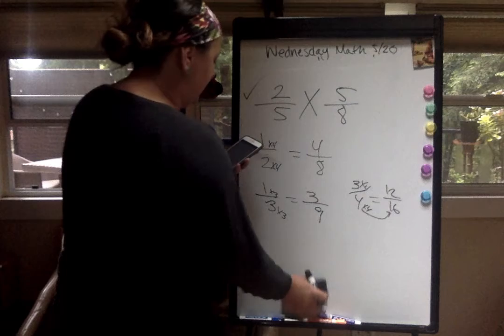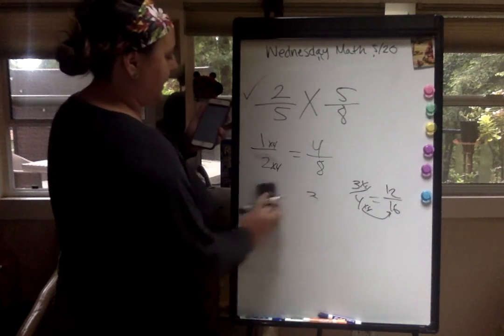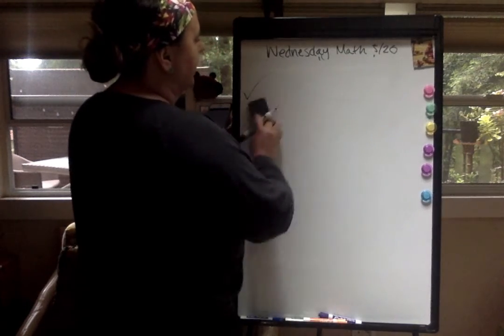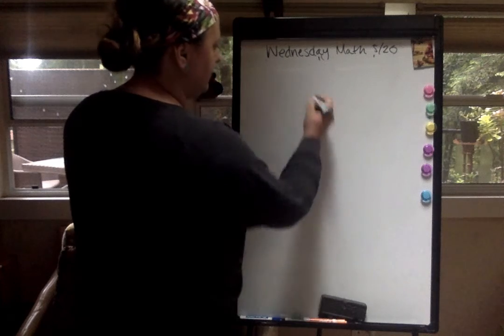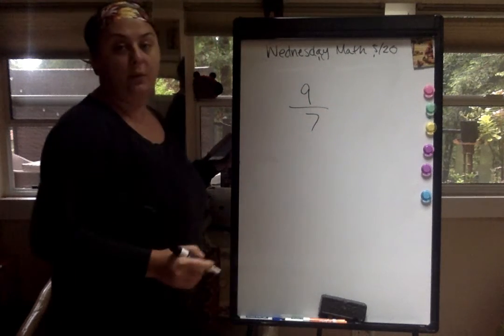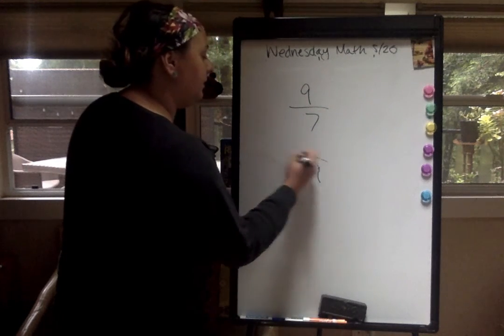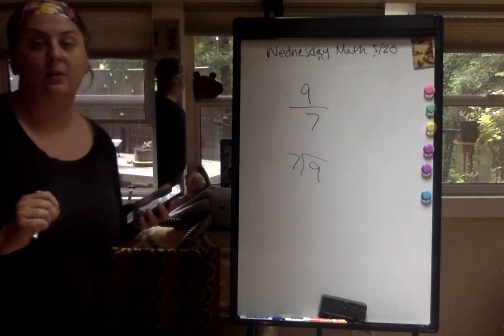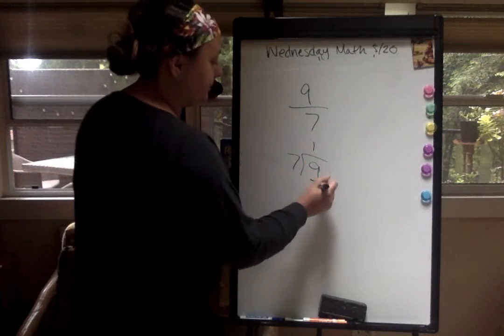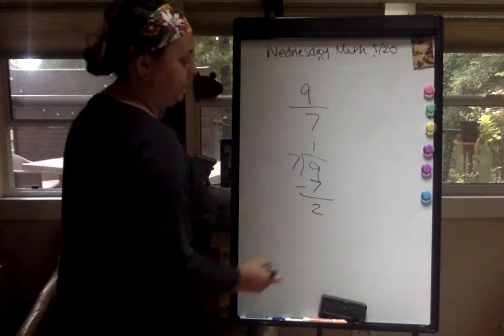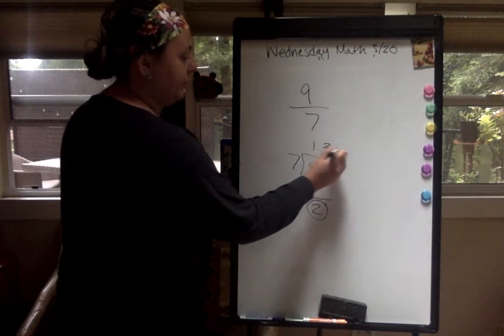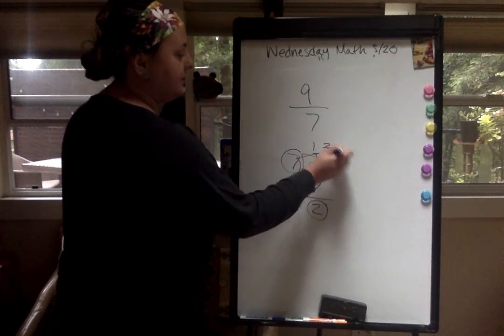Which of the following is equal in value to 9/7? So it's basically asking you to take 9/7 and rewrite it as a mixed number. And the way you do that, 9 divided by 7. 7 goes into 9 one time. Subtract, 2. 2 becomes your new numerator. Your denominator stays as your divisor.